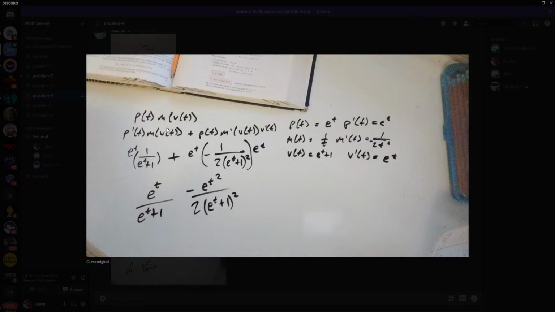Alright. Got the product property. Here's the chain rule.